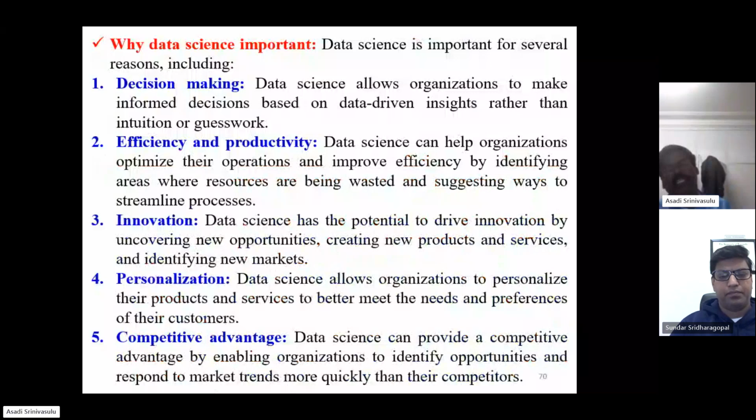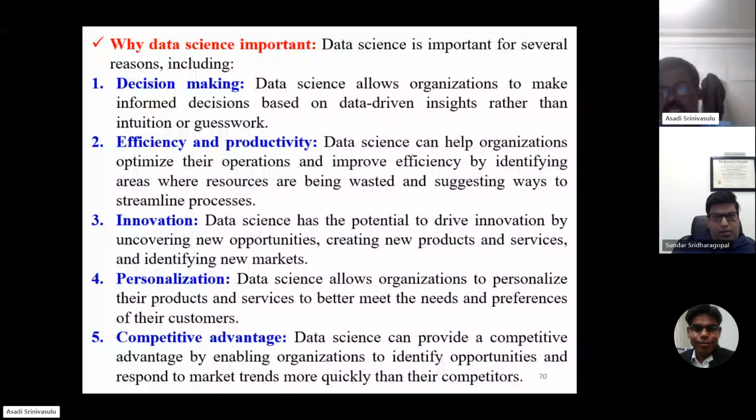And competitive advantages, like various opportunities, and you are getting market trends. Because of this, data science is so important in all these categories.